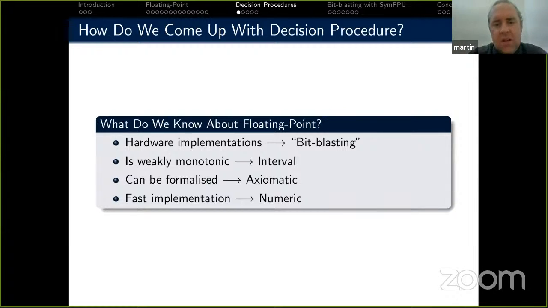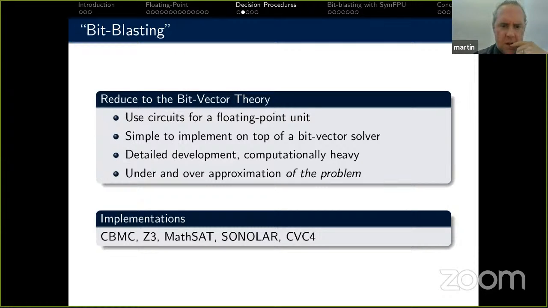It's again a translation approach, but it's possible. Then also, we know that we've got fast implementations. Could we try and just do some of this numerically? And it turns out that these are the four main threads of how people build decision procedures for floating point. So, bit blasting.